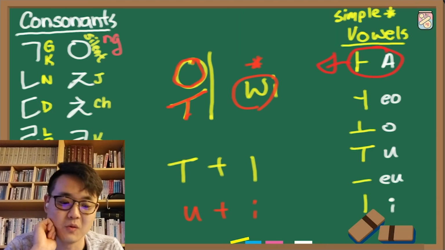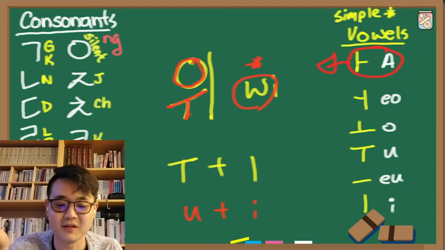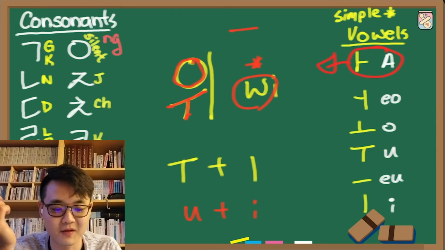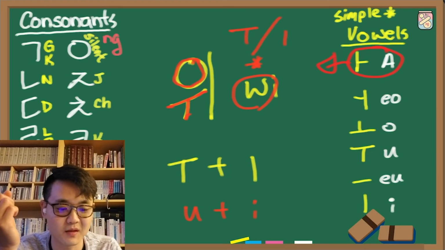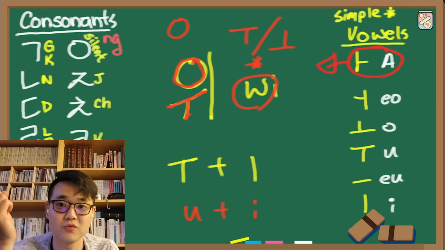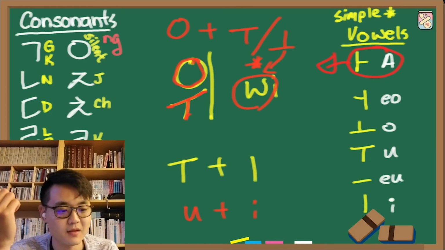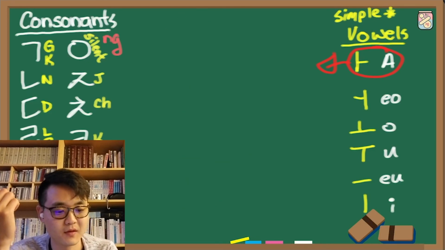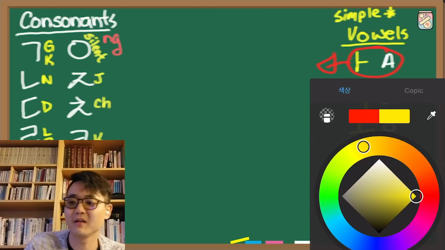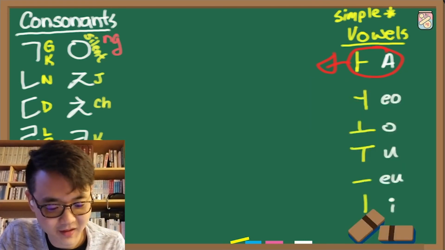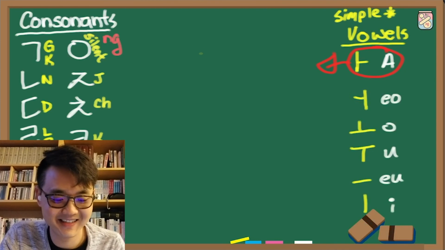If the O consonant meets with O or the U vowels, you can write or pronounce it as W in front. Okay? So we.